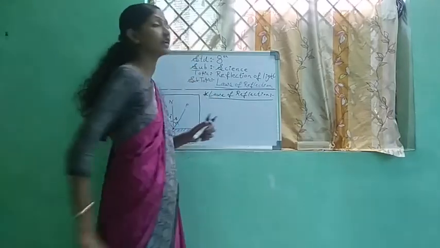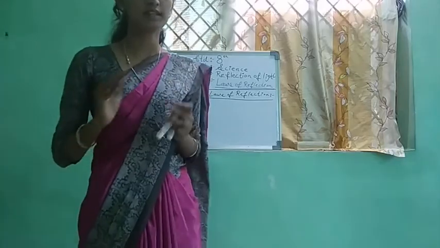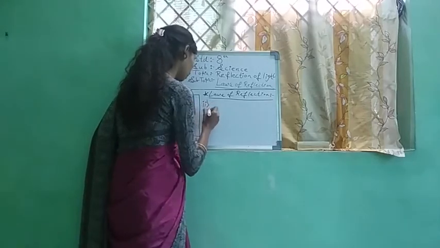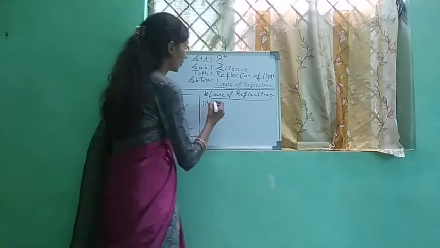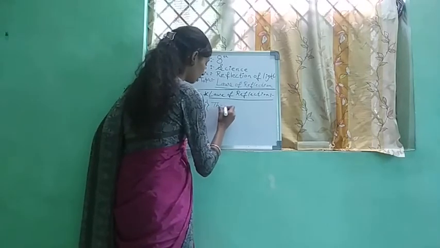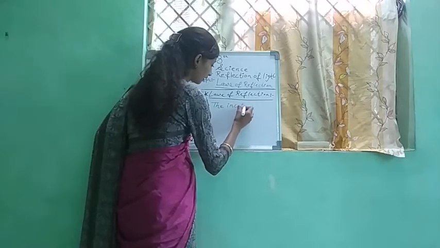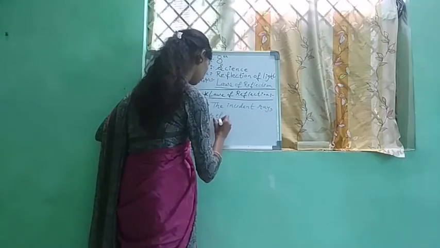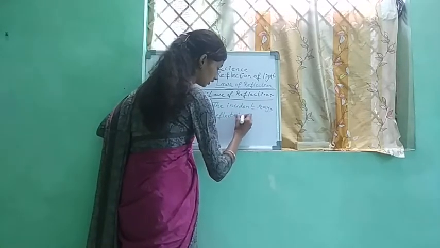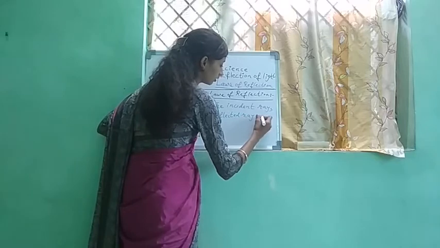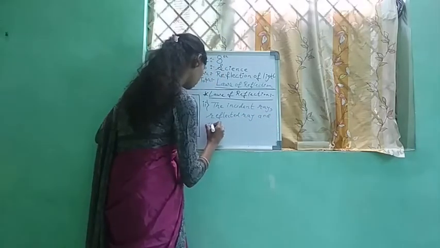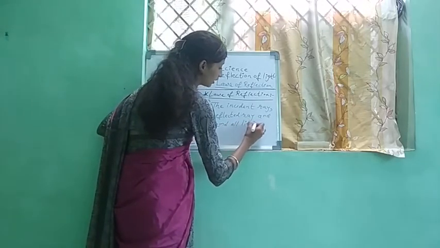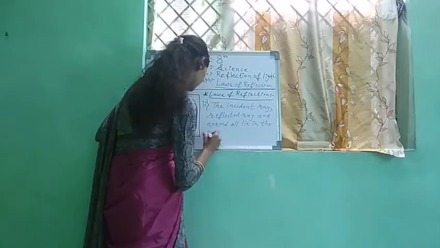The second law of reflection is, as we have seen the first law, the second law of reflection is: the incident ray, the reflected ray, and the normal all lie in the same plane.